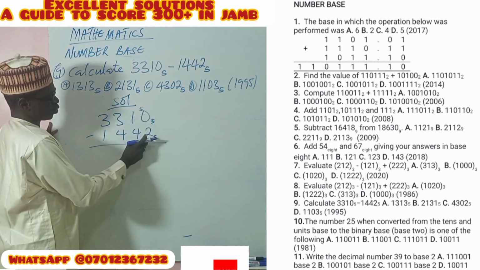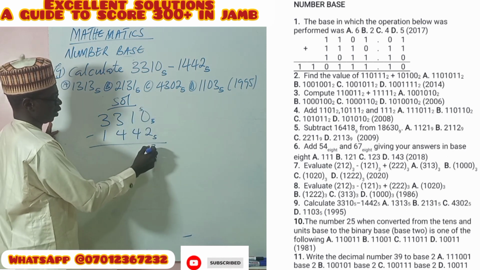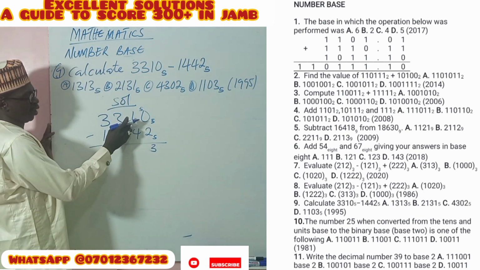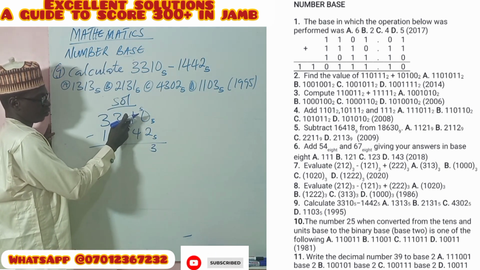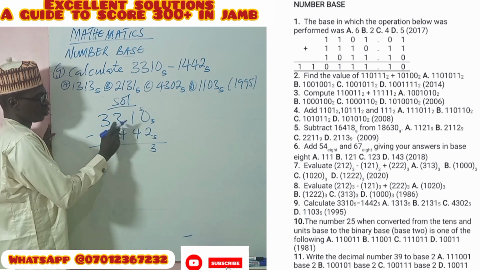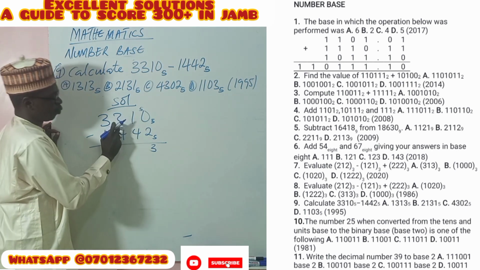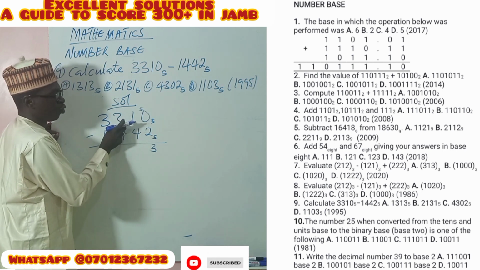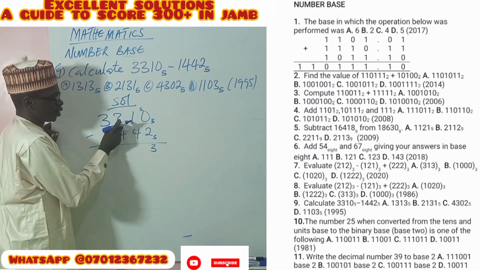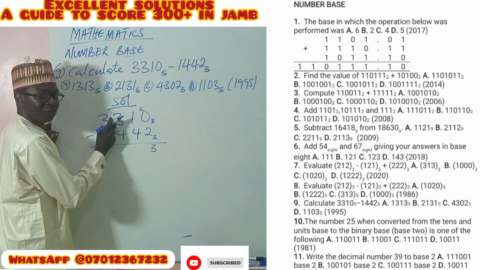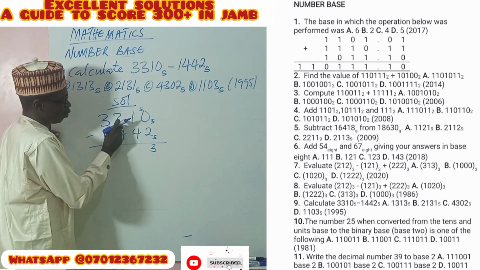So 5 minus 2 is 3. Then here we are left with 0. We cannot say 0 minus 4. So we are still borrowing 1 from here. Note that this 3 is the same as 3 base 5. So here we are borrowing 1 five.